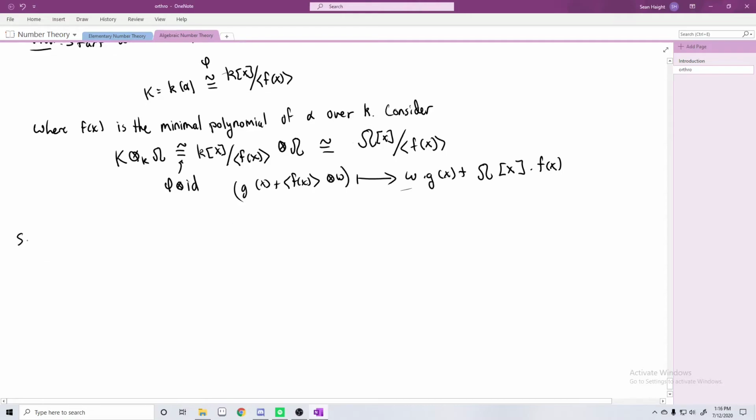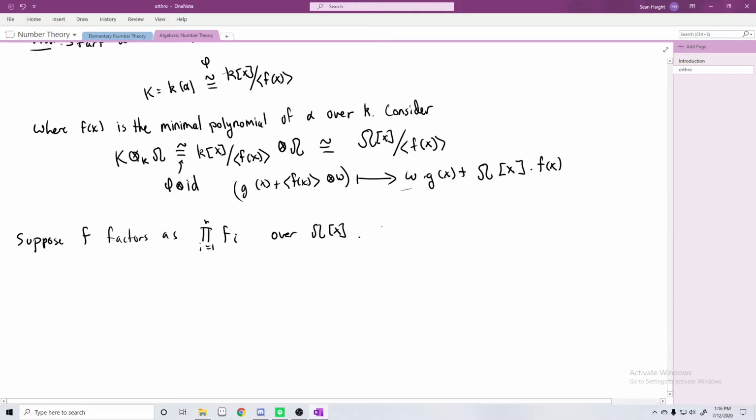So suppose f factors now as, let's say, the product over i equals 1 to r of f sub i over omega sub x, or over omega join x.